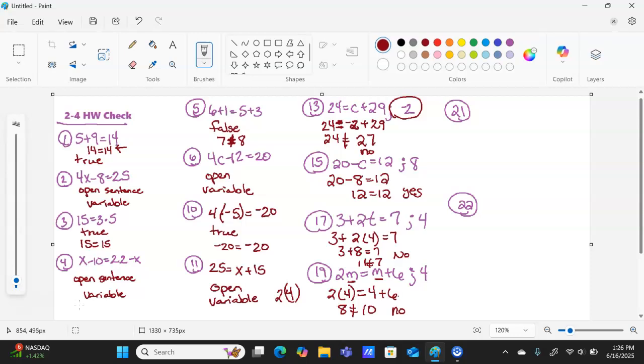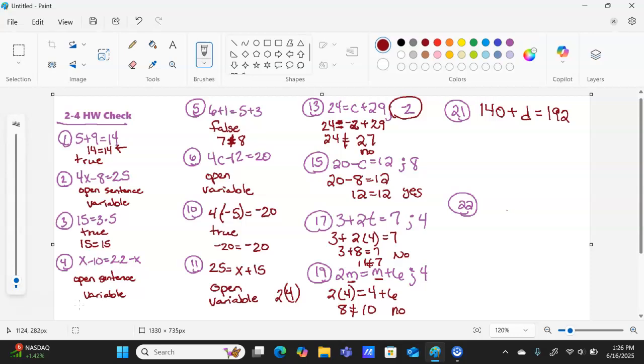Write an equation. This is for 21 and 22. Is the given value a solution? So 21, a veterinarian weighs 140 pounds. When she steps on the scale while holding a dog, the scale shows 192 pounds. Let D represent the weight of the dog. So her weight plus the weight of the dog is 192.